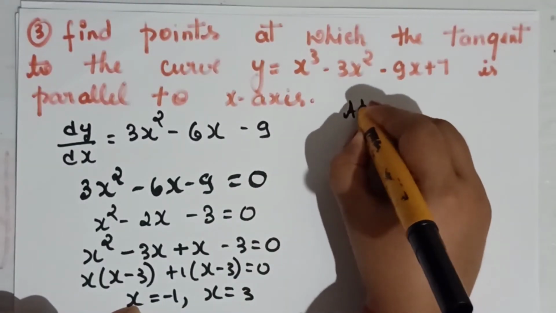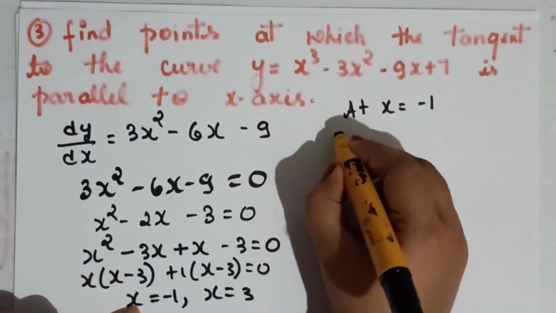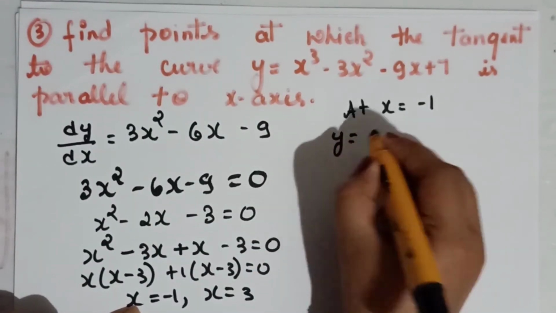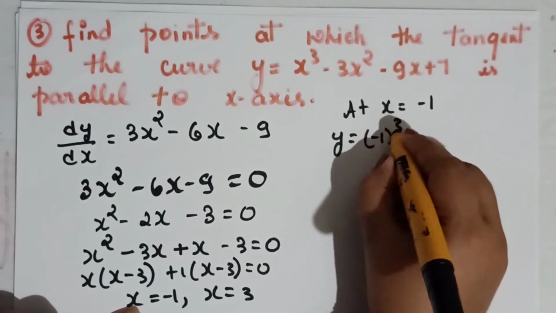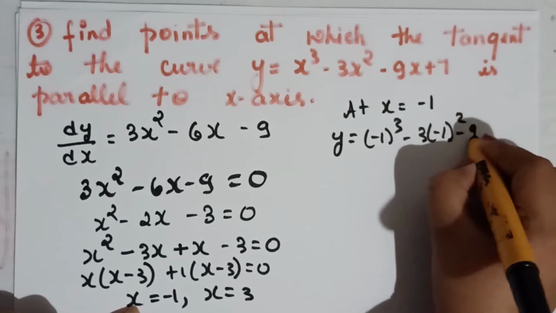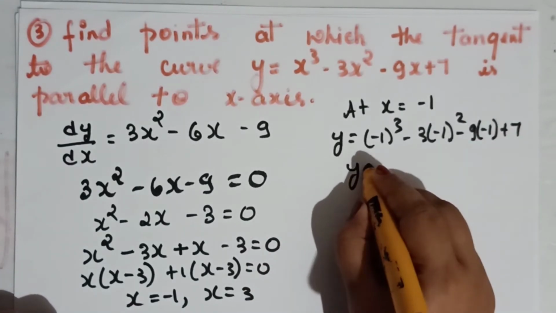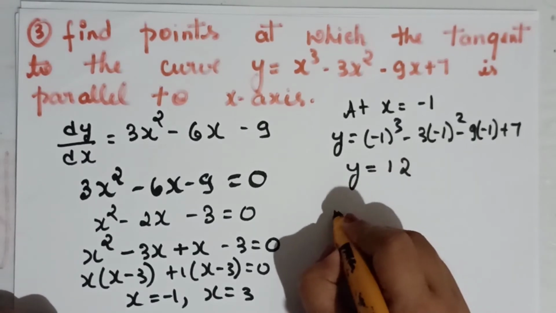So at x is equal to minus 1, substitute the value in the given equation. So y is equal to minus 1 the cube minus 3 into minus 1 the square minus 9 into minus 1 plus 7, and that will be equal to y is equal to 12.